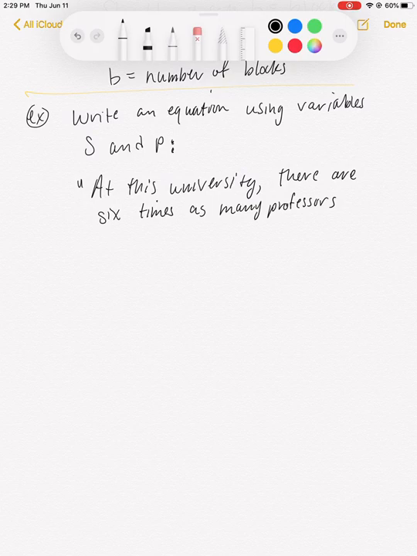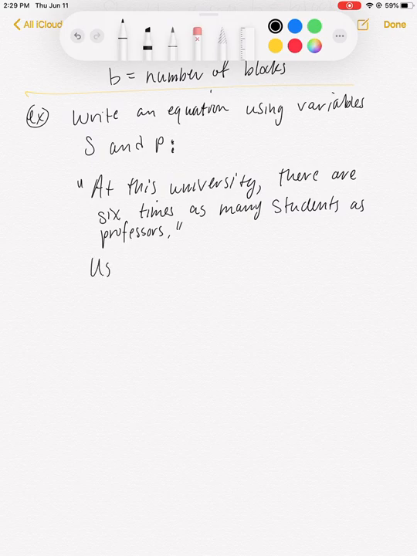Oops, get that straight. At this university, there are 6 times as many students as professors. Okay. So we have that down. We need to use s and p. s for students, or number of students, and p for number of professors. So I want you to go ahead and write an equation that represents that.